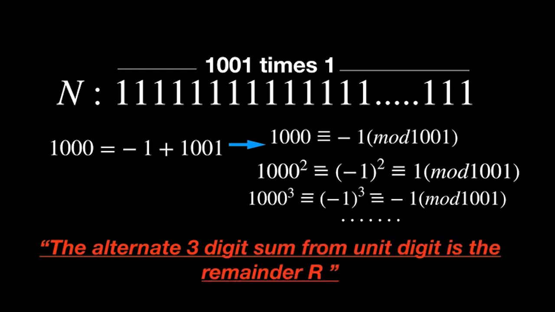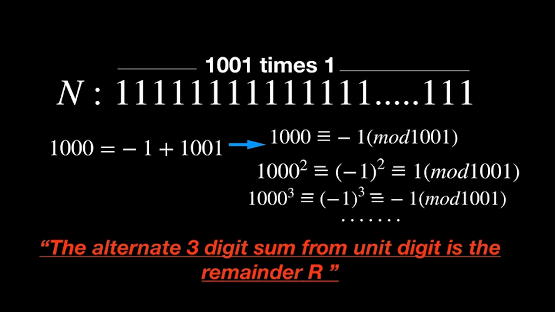We have seen that the alternating 3-digit sum from the unit digit is the remainder, because every even power of 1000 will give +1 and every odd power of 1000 will give -1.